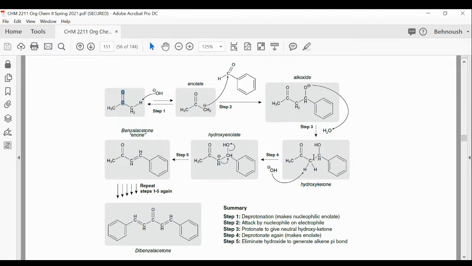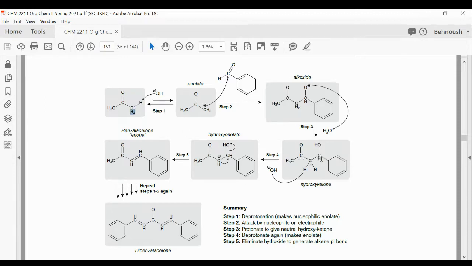This is known as a beta hydroxy ketone. And why do we call it a beta hydroxy? Because the carbon adjacent to the carbonyl group is known as the alpha carbon. That's why I said you have alpha hydrogens here.